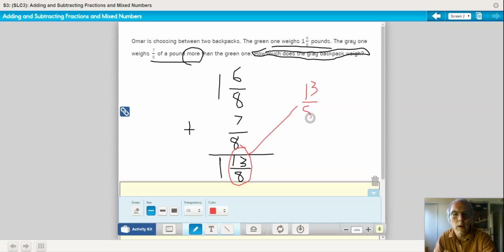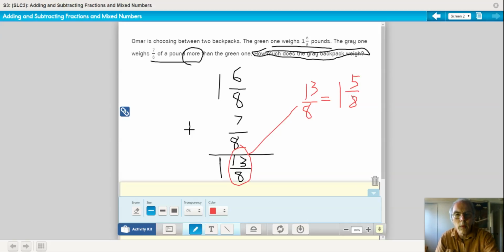So let's take a look. How much is 8/8? Well, if you answered 1, that's correct. What's left over? If you've got 13/8 and you take away 8/8, you're obviously left with 5/8. So 13/8 is the same as 1 5/8 of a pound.